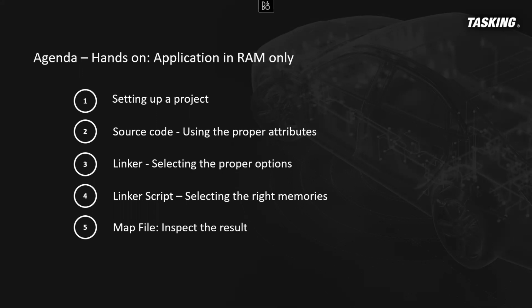And the fifth item that basically goes hand in hand with the development flow is that after the build, you will inspect the result in the map file. The map file is a very important piece of information you have, because the linker writes down each and every position of every section that your application has, that you have created.